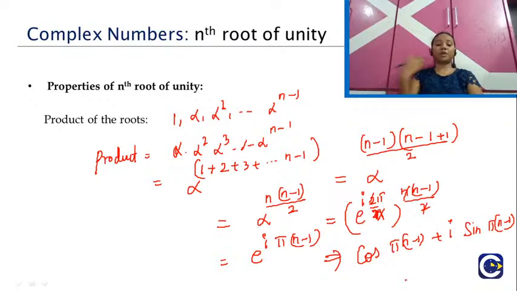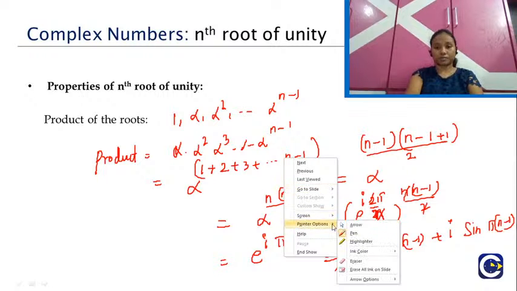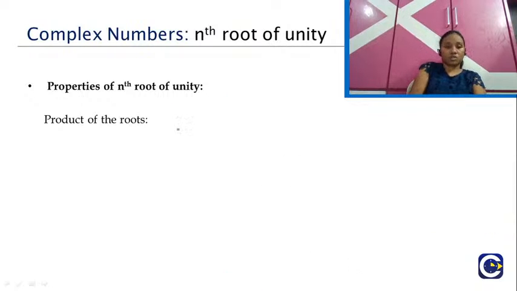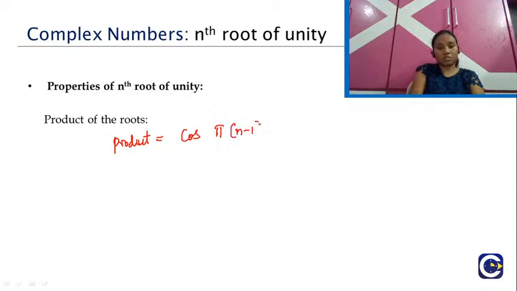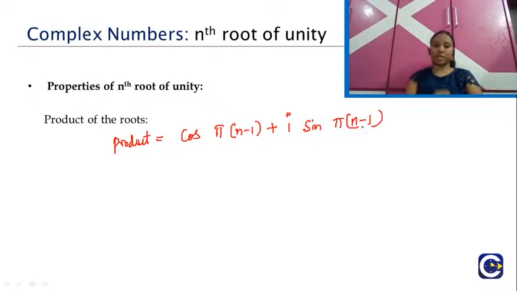So now, based upon my n value, what is the exact value I am going to have for my product of the roots? So what is my product so far? The product is equal to cos of pi into n minus 1 plus i sine of pi into n minus 1.